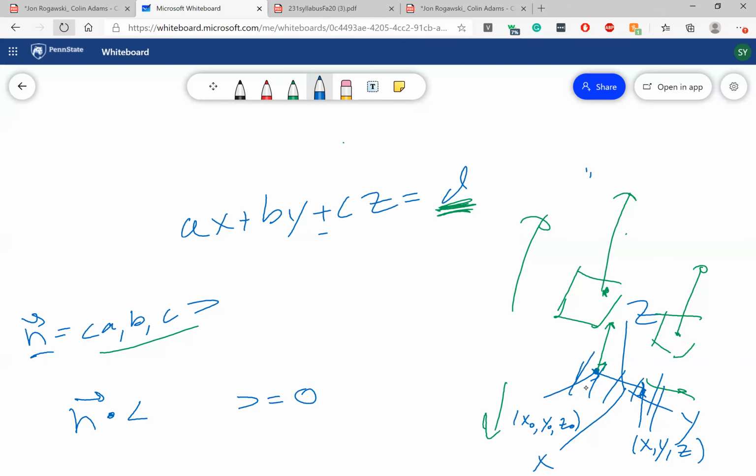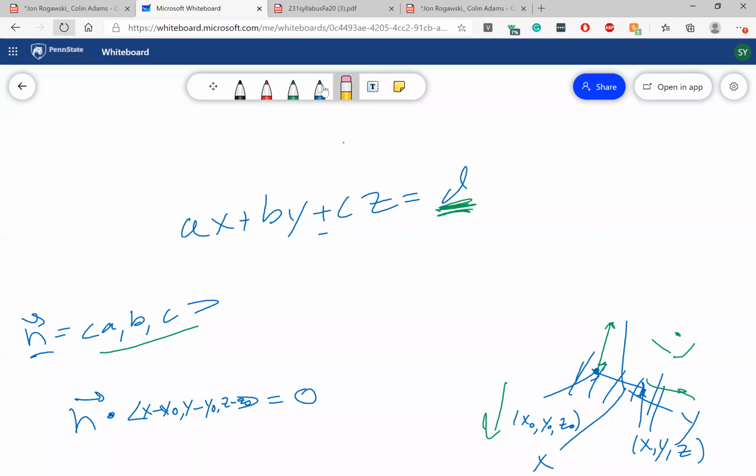So any one of these vectors would have the form x minus x0, y minus y0, and z minus z0. Let me erase part of this, and I'm going to rewrite the formula.